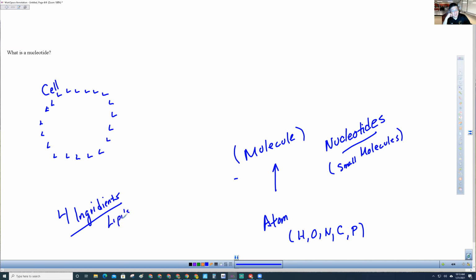Now, there are these other things that I'm going to put a G in there for. What are the molecules that start with G that cells have inside of them? Glucose. Not guanine, glucose. Why do cells need glucose? Energy.